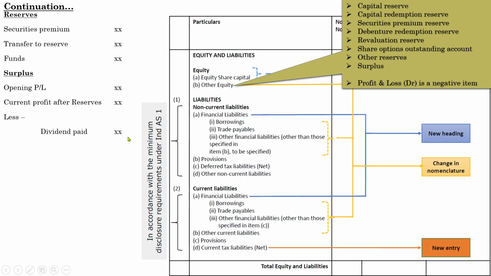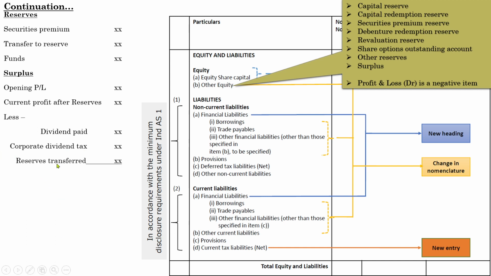It has to be deducted because it is made out of profit. Any corporate dividend tax, it's a very important item in the financial statement as per Ind AS. Computation of corporate dividend tax is another type of question we need to learn in detail. We will come to that part during the case discussion.